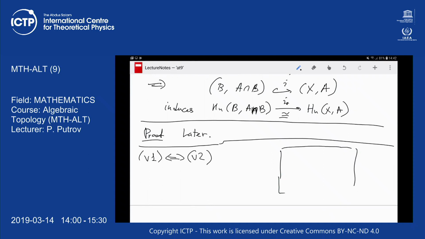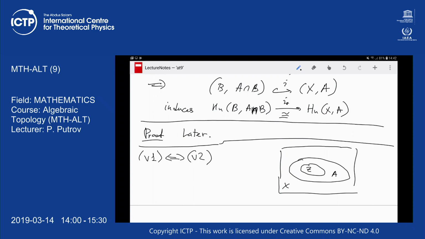We had some topological space X, then it had a subspace A, and inside A there was a subspace Z. So the closure of Z was inside A. Now, we want to relate this setup to the setup in version 2.